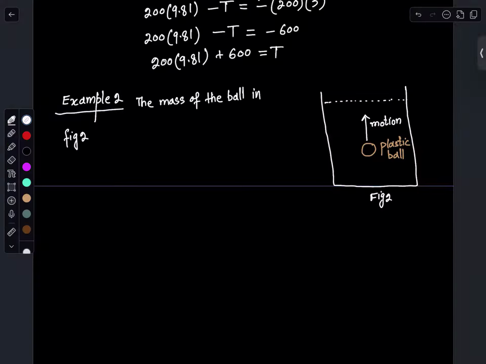The ball is moving up with a deceleration, rather, make it acceleration. The ball is moving up with an acceleration of 1.0 meter per second square.